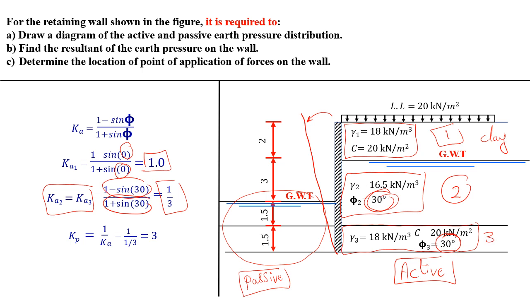However, on the left hand side they have a K passive value of 3 because we already know that K passive is equal to 1 over K active, so the K passive for both of them is equal to 3.